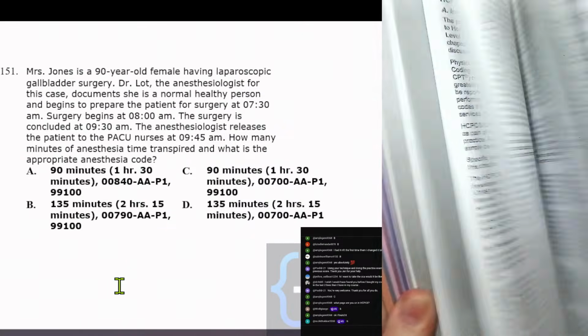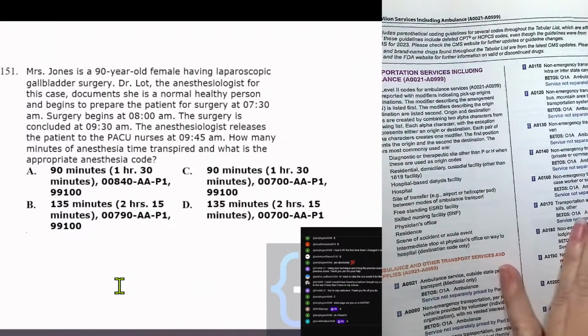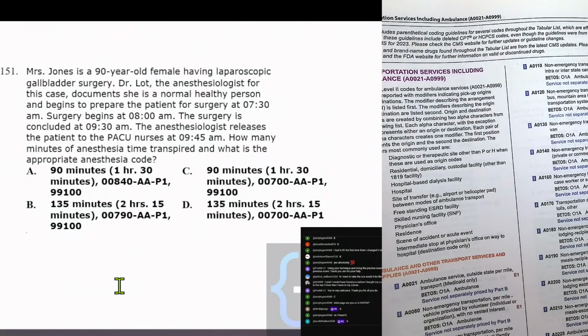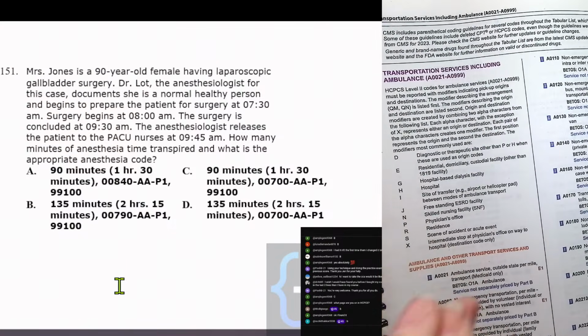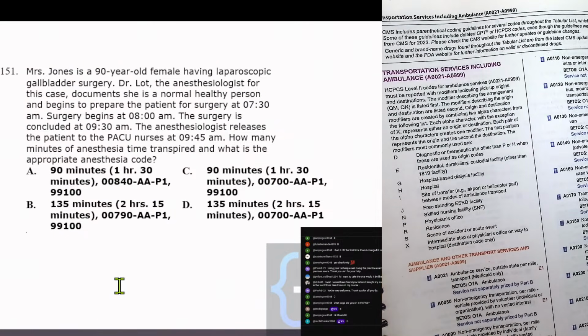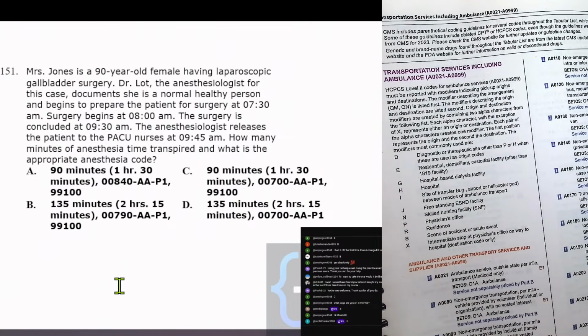And again, a modifier that you would not find in your complete list of modifiers, which is Appendix B. But you have to know where this table is and know this is a thing that you have to create your own modifier for ambulance services. And knowing that on exam day is super helpful.